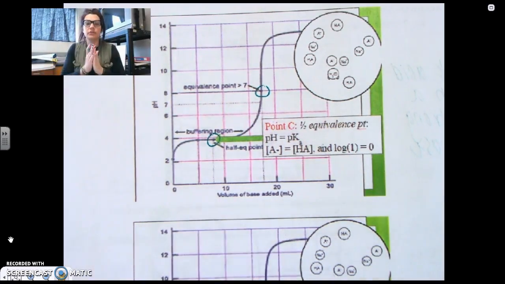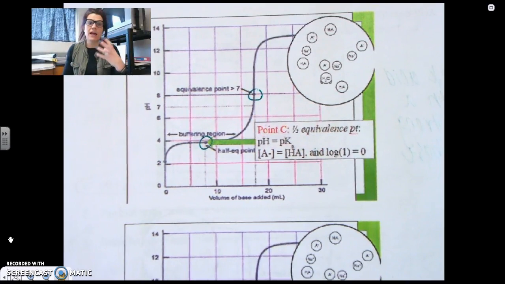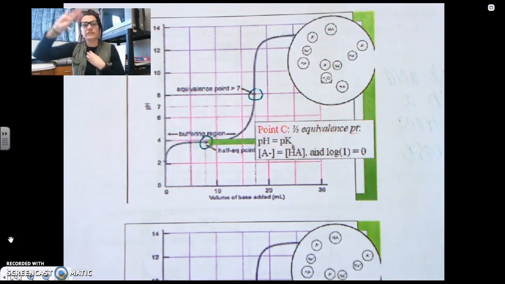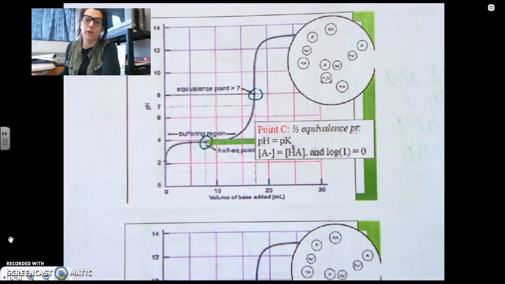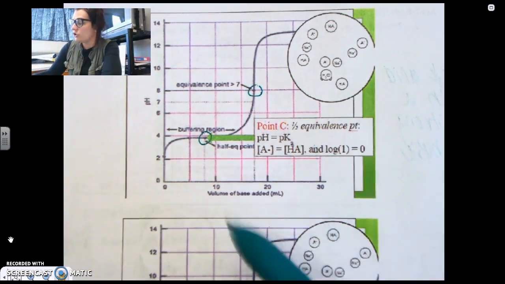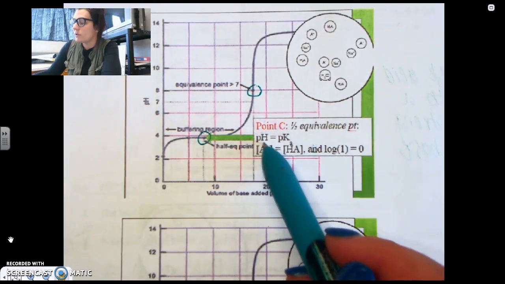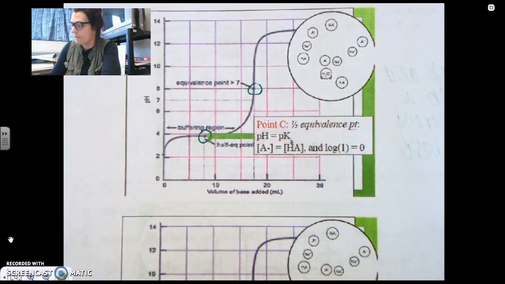Why? Because the concentration of your conjugate base and the weak acid is 1, and you have to remember that log of 1 is 0. So the log of the relationship between the conjugate base and the weak acid becomes 0, so you can drop it off of the equation. So then pH is going to be equal to the pKa.